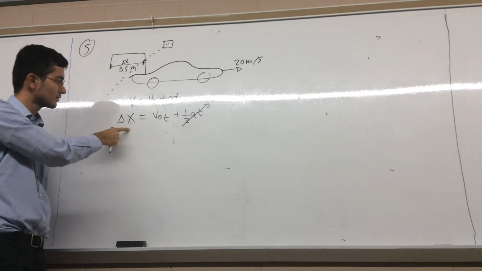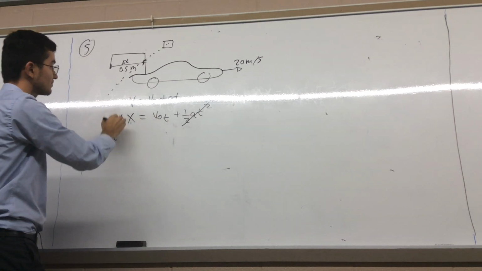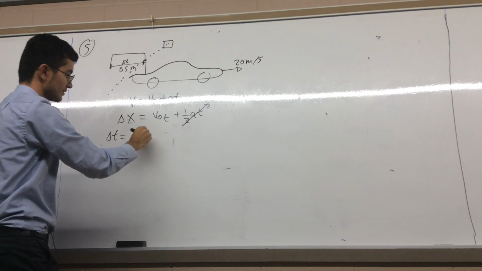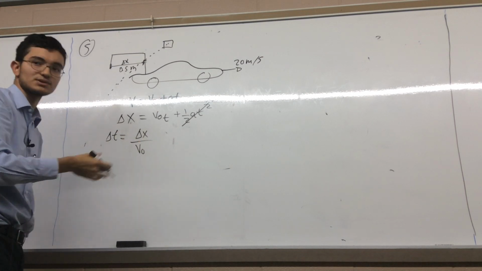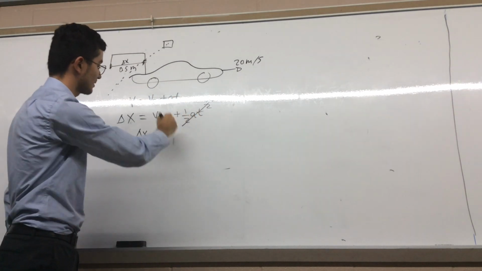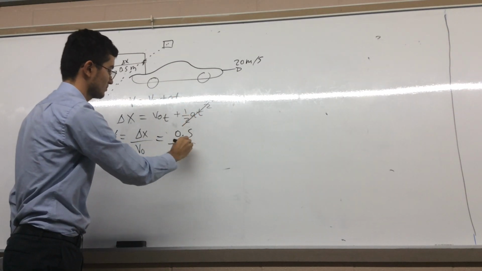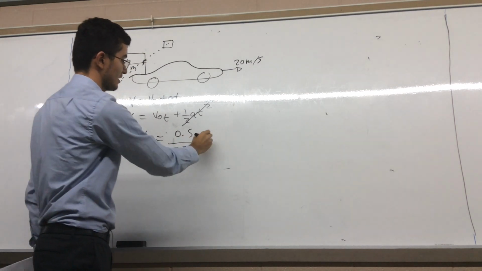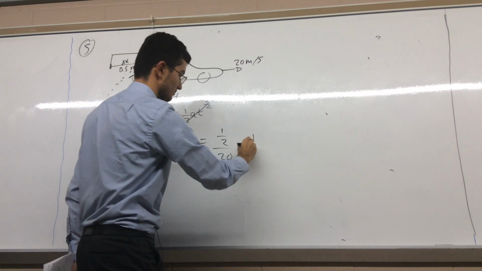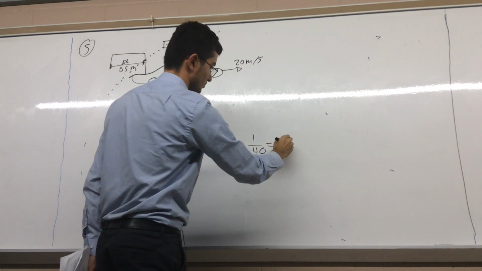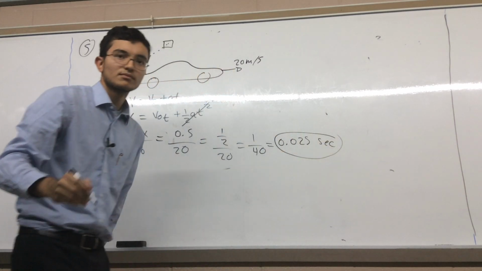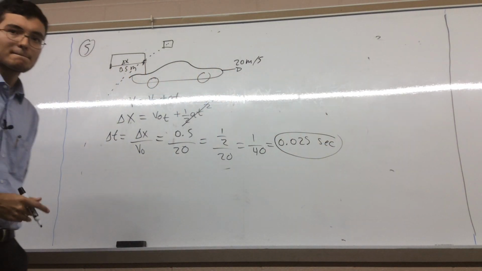So let's solve for time, because we want to find the time interval. So delta t is going to be delta x over V0, or the average velocity. You just plug in your values, 0.5 over 20 meters per second, and that's basically 1/2 over 20, which is 1 over 40, or 0.025 seconds.